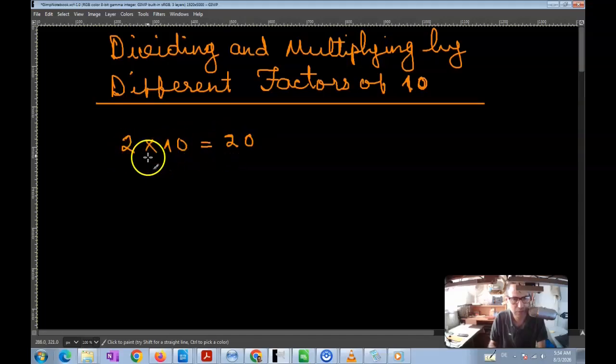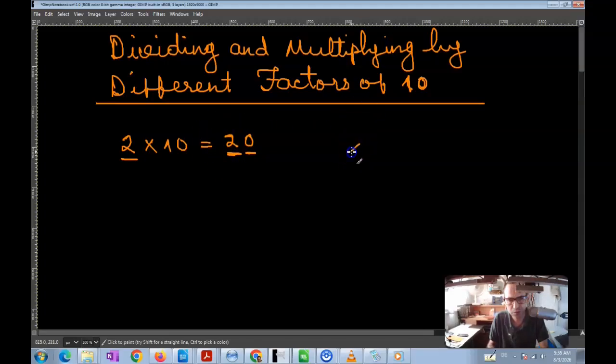The 2 remains here, and when you multiply by a factor of 10, a 0 is added to the end of the number. Let's go through what actually happens in the multiplication.